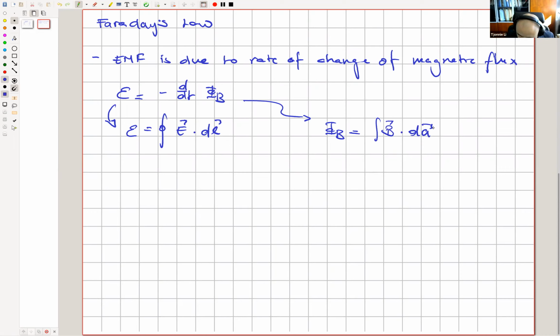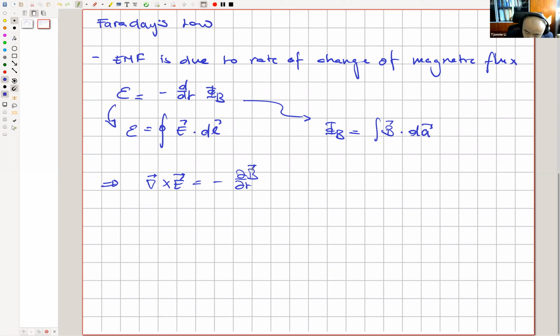And if we put these two things together, we can use Stokes' theorem to turn this into a curl over a surface, and then we can relate this to the derivative of the magnetic field. Out comes that the curl of E equals the negative partial derivative of the magnetic field.